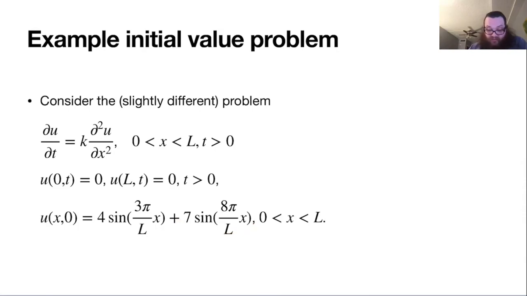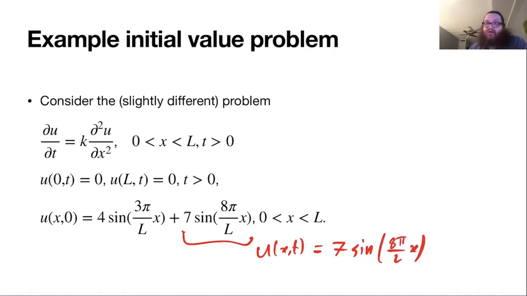Well, so how are we going to solve this? The observation is, if we didn't have this piece right here, and we just had this piece, then our solution will probably look like, coming from here, u of x comma t would be, the constant will be 7, and then sine of 8 pi over L x.